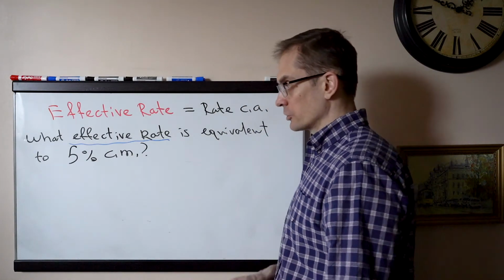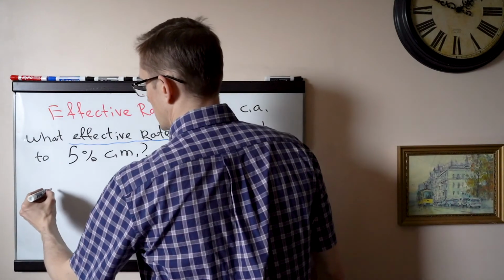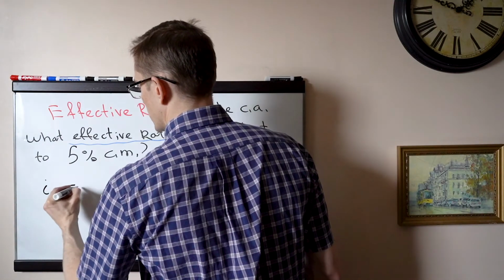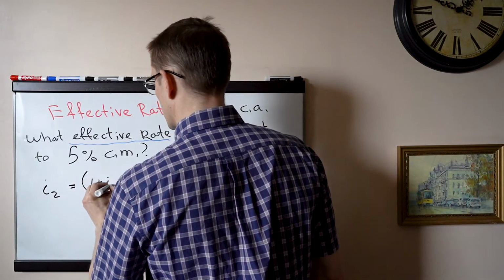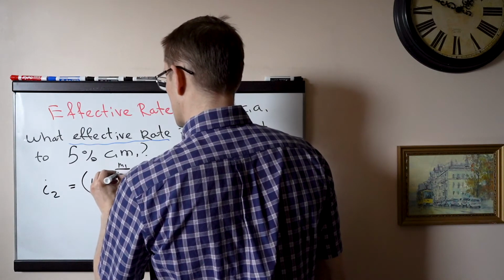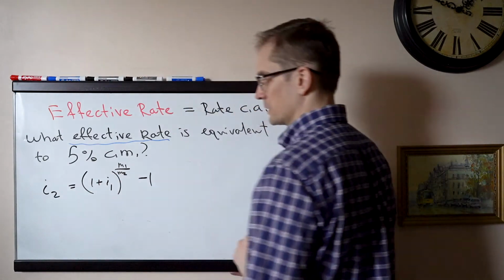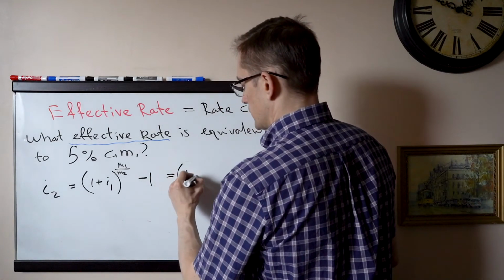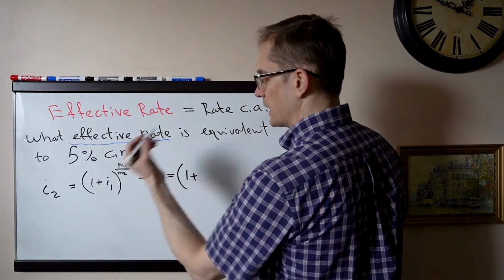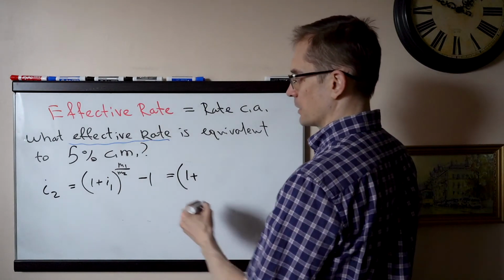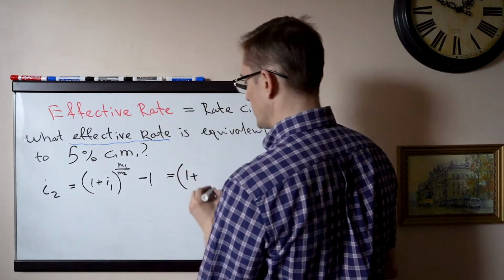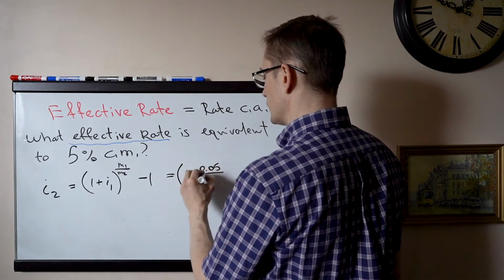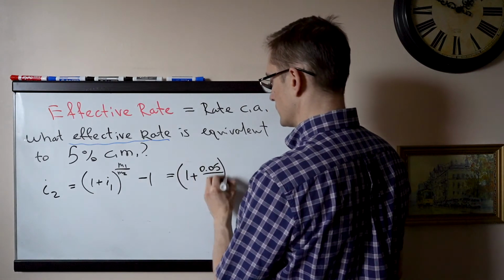So you'll use still the same formula for I2 that we discussed, which is 1 plus I1, to the power M1 divided by M2, minus 1. So you use the same formula, and let's plug it in. So now I1 is the known periodic rate, which is 0.05 divided by 12.